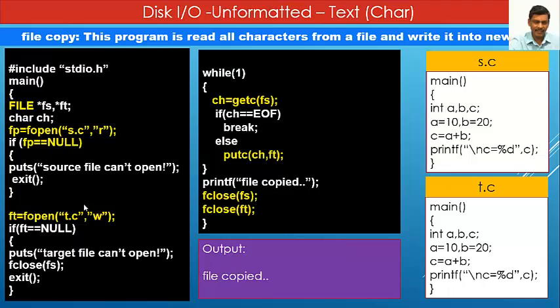If t.c is already available, here we put write mode, so at the time of file opening, the existing file is overwritten. It creates a new file, so if any data is available in the old file, it is overwritten and the existing data is erased.